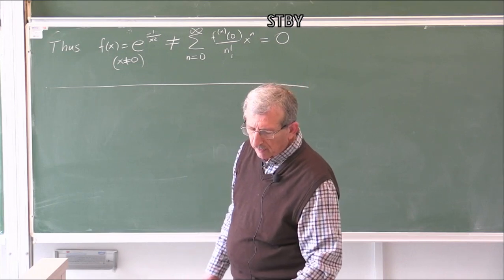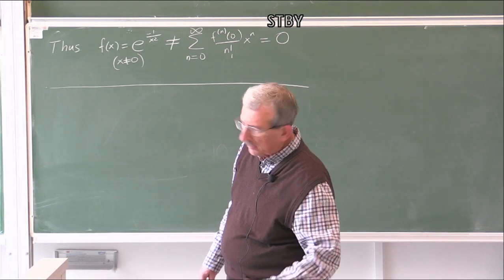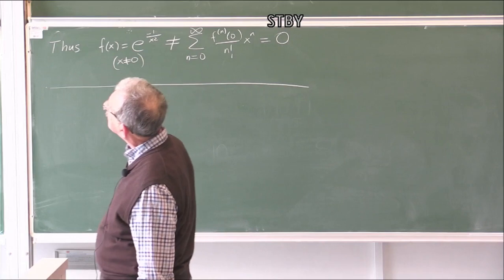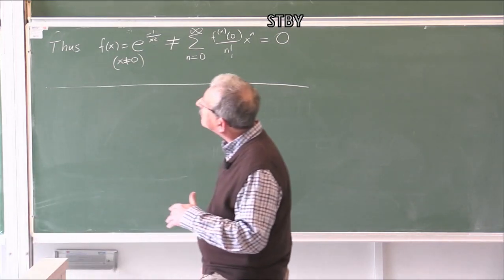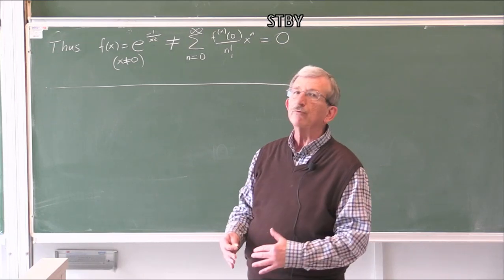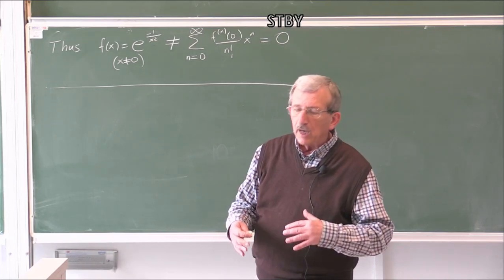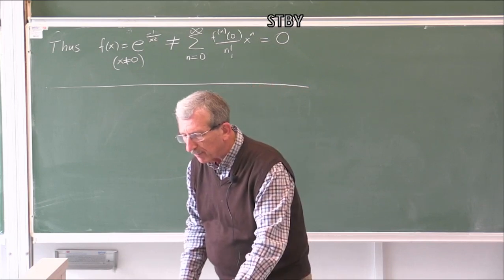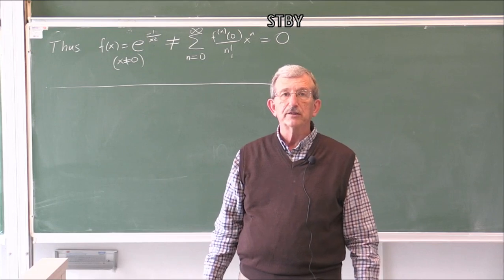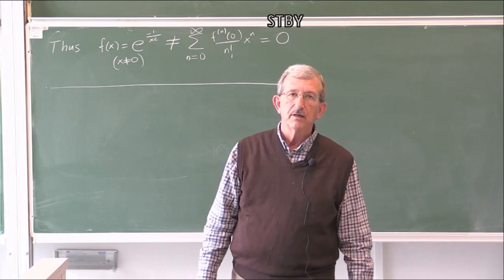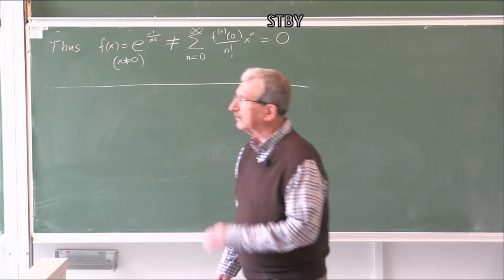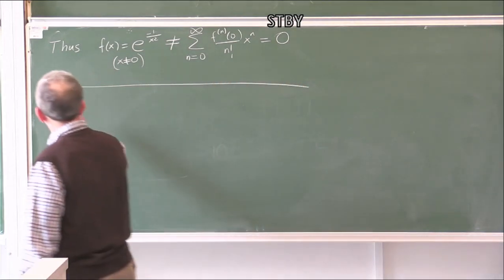Now the question then remains open, that is, whether the difference between f of x and the partial sum sequence of the Taylor series goes to 0 or not. Now, we have a nice theorem which exactly calculates what this difference is. Not in a concrete form, but it helps us a lot.